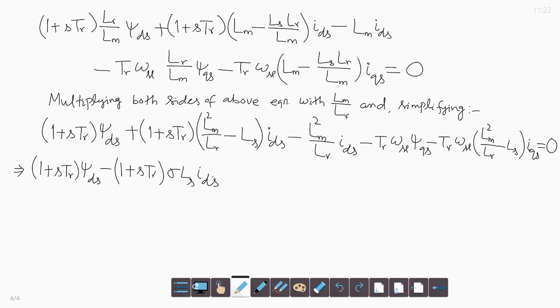Then this term is sigma Ls minus Ls into Ids.